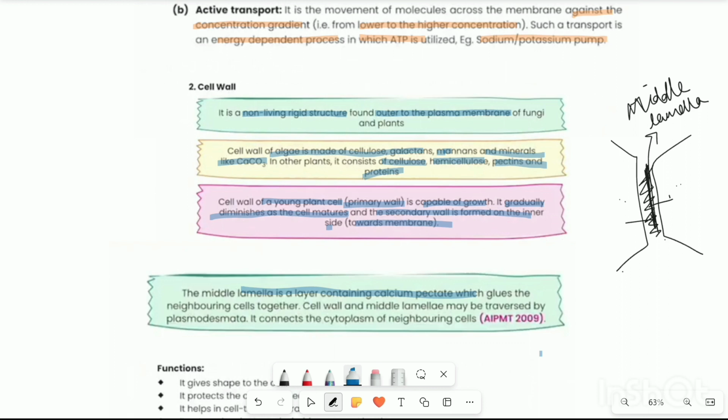And this cell wall and middle lamella can be traversed by plasmodesmata, which means these two are connected to the cytoplasm by plasmodesmata. From the cytoplasm of one cell to the cytoplasm of the other cell they are connected, which we call plasmodesmata. It connects the cytoplasm of neighboring cells.